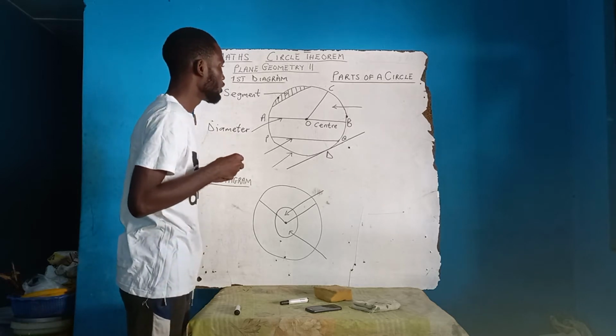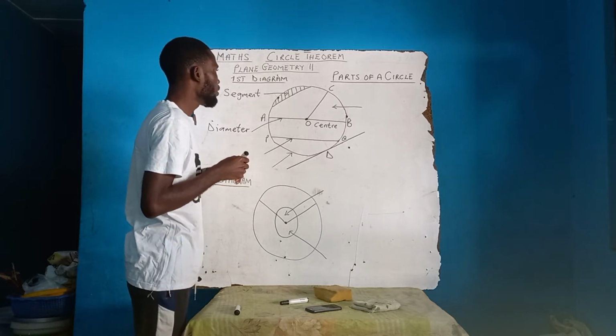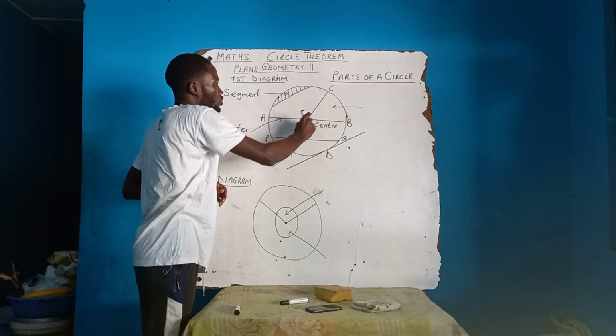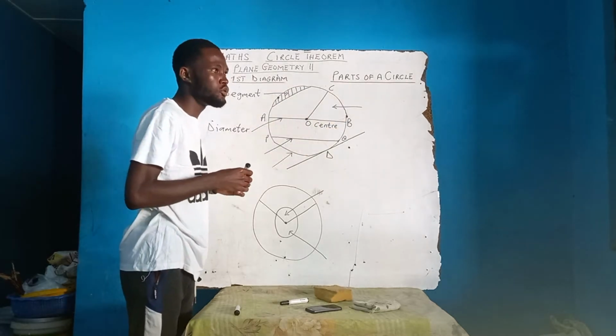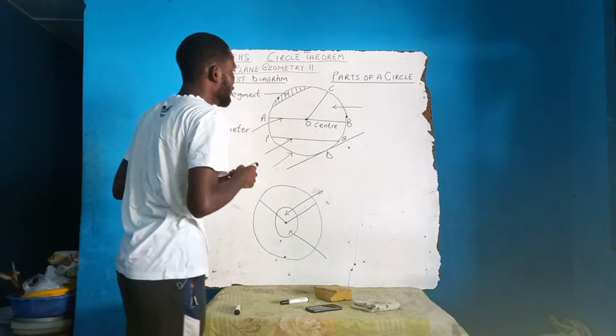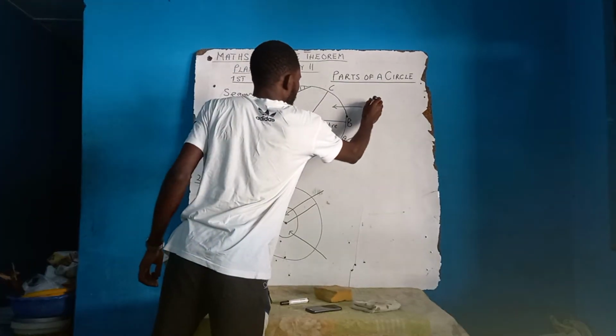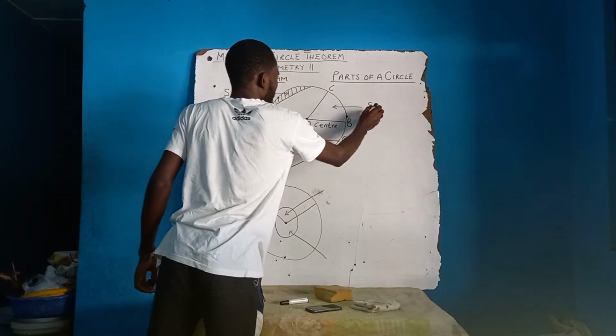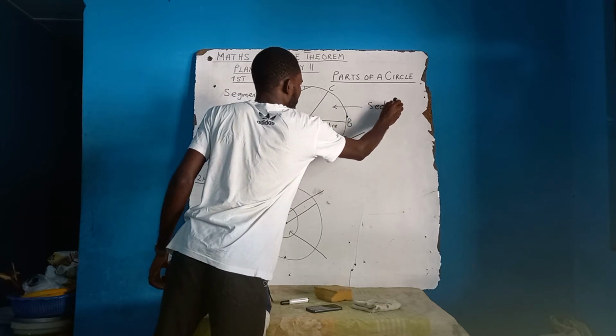We further move on to angle COB. Angle COB gives us our sector.